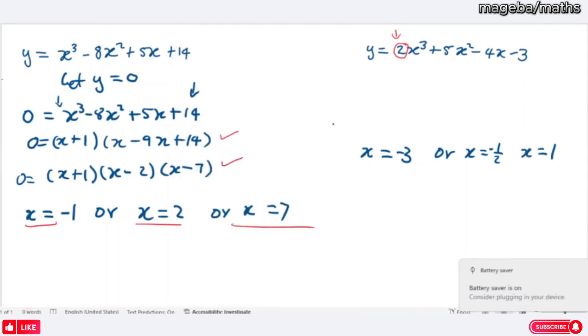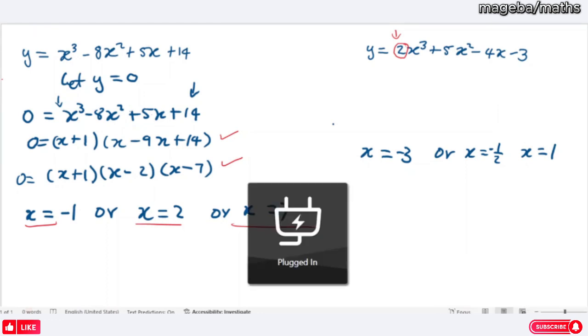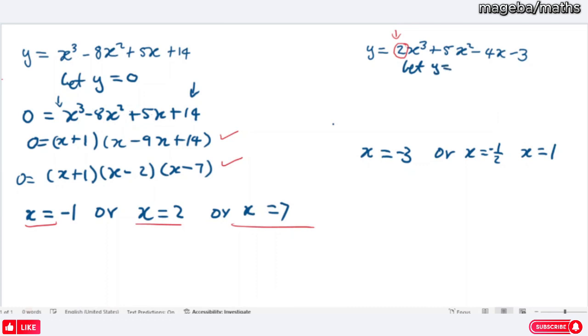And then after here, remember, we were solving the x-intercept here, so we let y equal 0. So we had 0 is equal to 2x cubed plus 5x squared minus 4x and then minus 3. And then from here, just take these to the other side. So it's x plus 3 equals to 0. Now here, first you must do the cross multiplication.